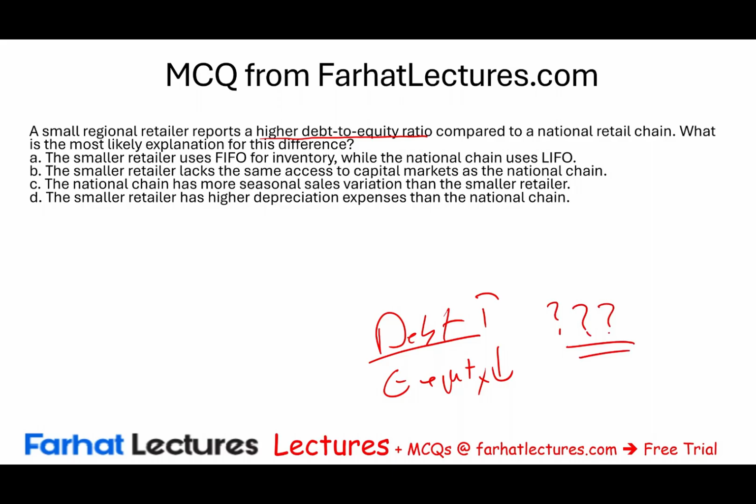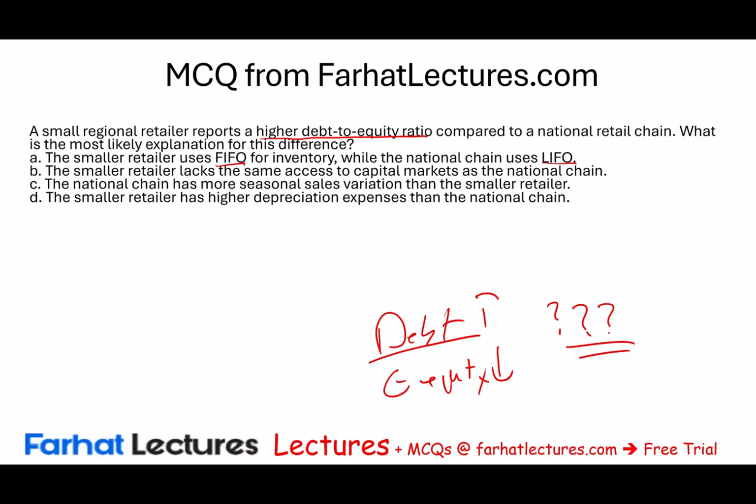Because when you look at it right from the get-go, it's like, oh my God, they have higher debt to equity. They must be riskier than other companies. But there could be other explanations. So even comparing the numbers to the industry will not make any sense unless you explain it within the context. A. The smaller retailer uses FIFO for inventory while the national chain uses LIFO.